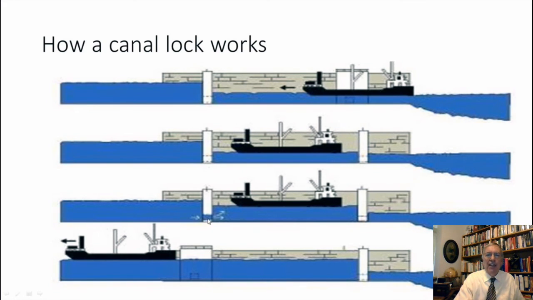Then they lower that gate or lock, and then the ship flows out. So the ship used to be at this level, and now it's at this level. And of course it works in reverse. When the ship is going in the other direction, ship comes in here, they let the water out this time, ship lowers, and then when it reaches the same level, they open it here and the ship can go out in that direction.